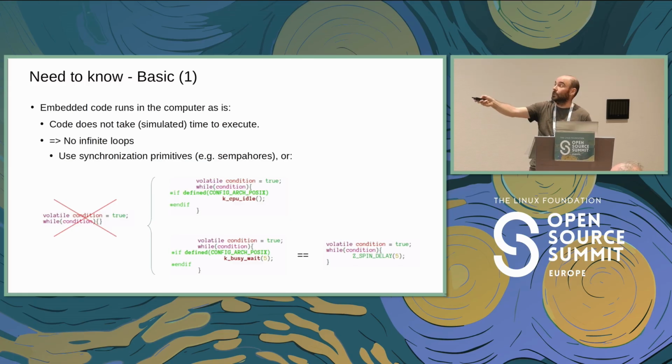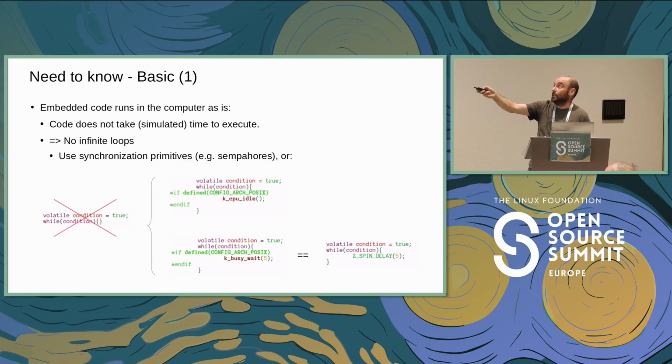So instead of doing this, what you can do is either use proper synchronization primitives, meaning don't busy wait, have a semaphore, whatever it is that you want to have, or if you really want to busy wait because it's perfectly fine, maybe you're only waiting 1 microsecond or whatever, then you can do something like this or something like this. So in the first case, you can just add an ifdef for this architecture that actually stops the processor.